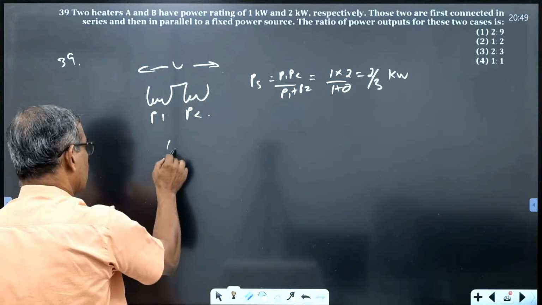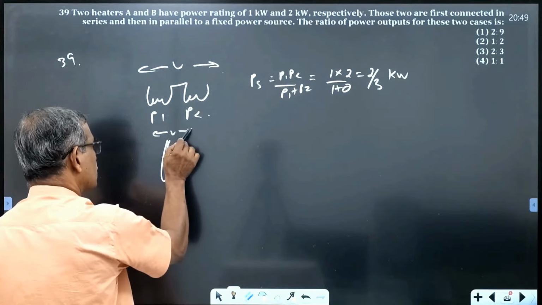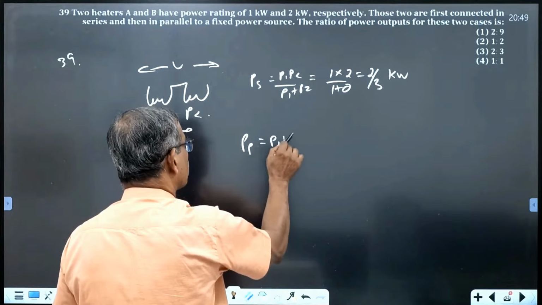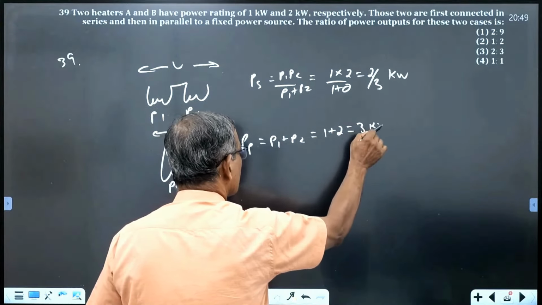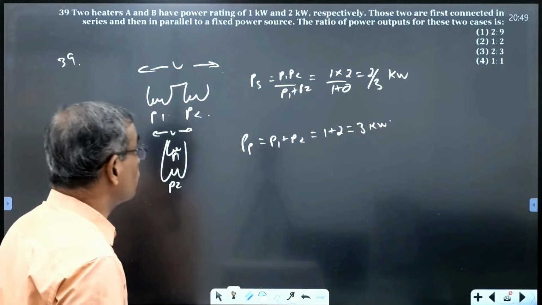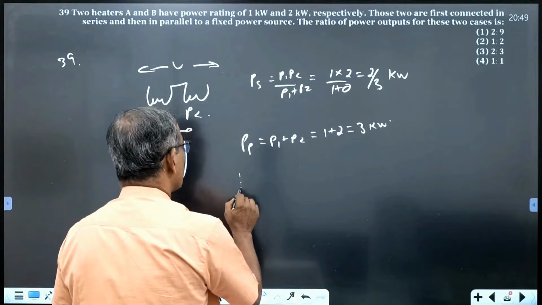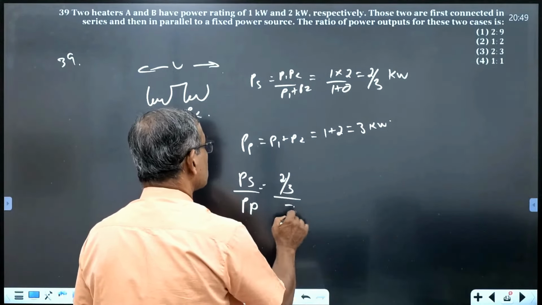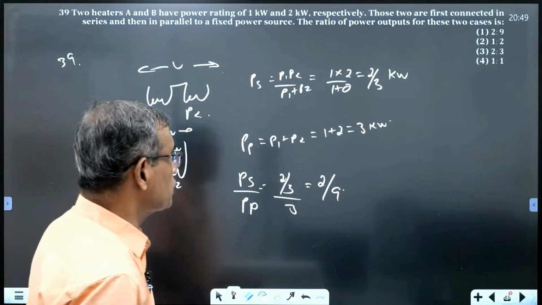Whereas when they are connected in parallel like this, P1, P2, with the same applied voltage, the total power P parallel is P1 plus P2, which is 1 plus 2, equal to 3 kilowatt. Next, we have to find the ratio. PS by PP is 2 by 3 divided by 3, which is 2 by 9. So the option is 1.